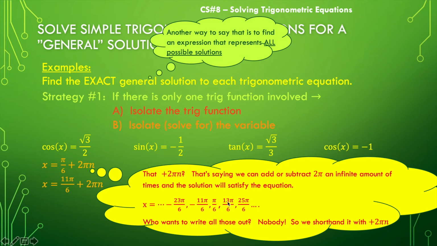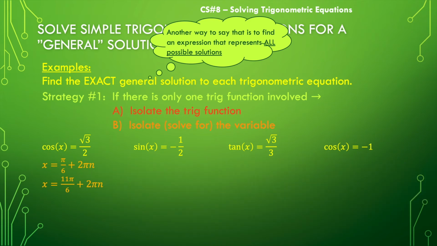If I added 2 pi again, I'd get 25 pi over 6. If I subtracted 2 pi, I'd get negative 11 pi over 6. And if I subtracted 2 pi again, I'd get negative 23 pi over 6. But there's an infinite number of these solutions. So who wants to write them all out? No one. So we shorthand this by just saying plus 2 pi n instead of writing every single thing out. And we couldn't do that anyway because there's an infinite number of solutions.